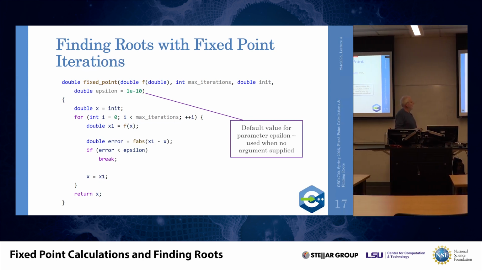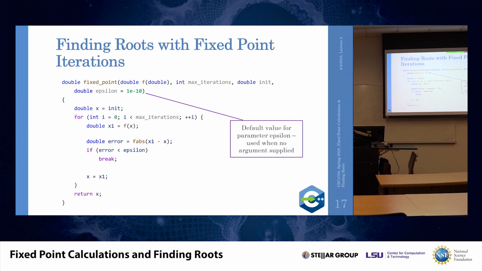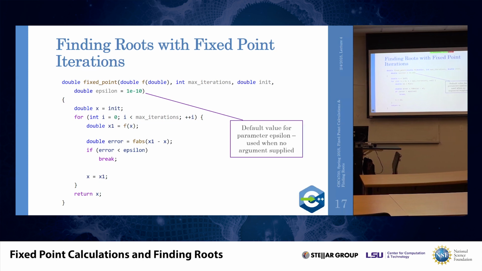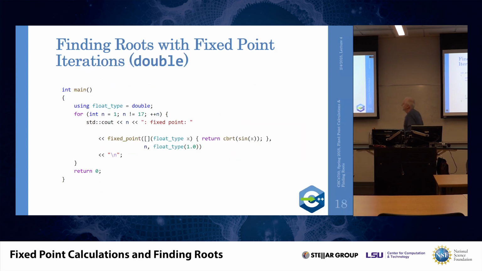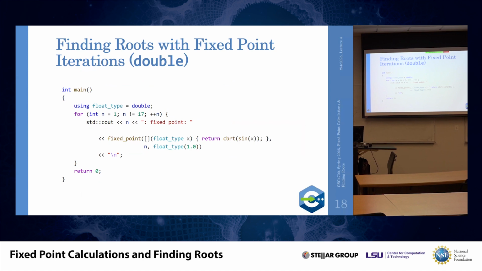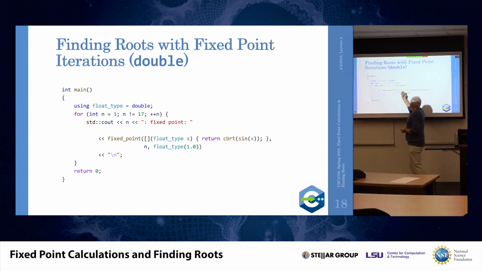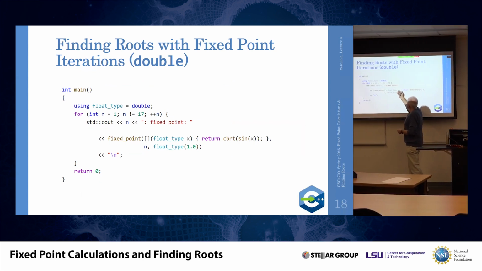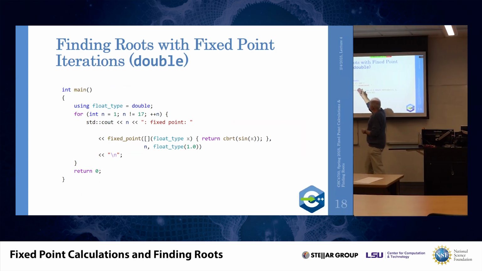Okay, let's continue. If we use this in our main function, now we have a lambda, which is using a float type, which I have defined before.